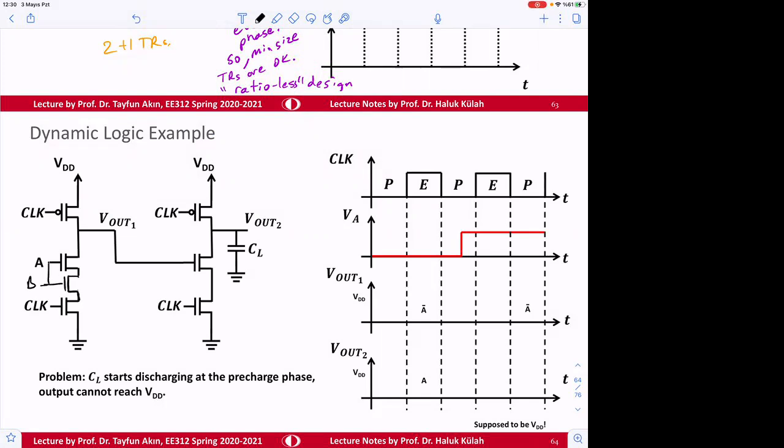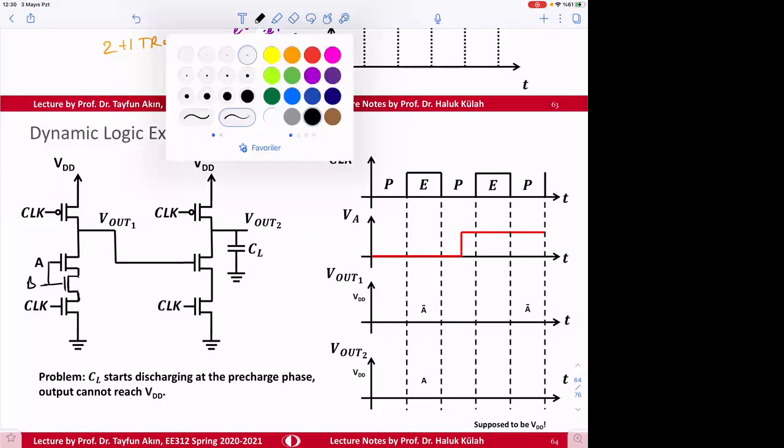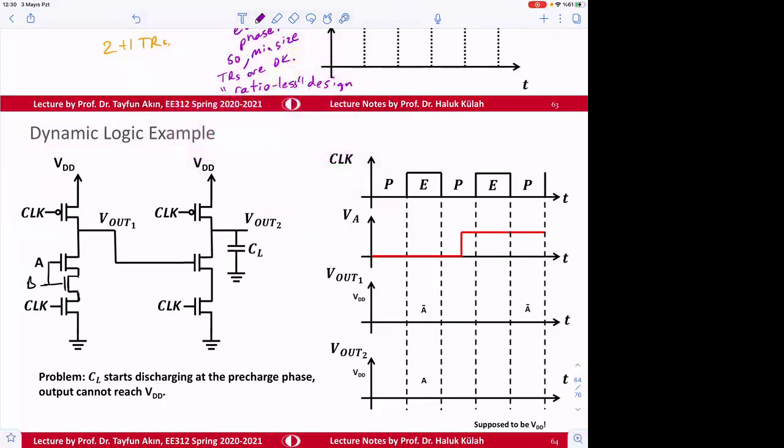So here, output 1 is going to be, during the clock low case, remaining at high, right? So this is going to be VDD. And then VA, which is equal to VB, is low.